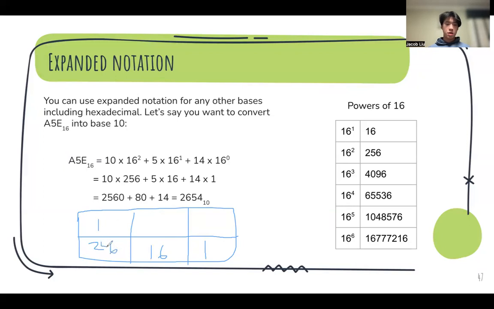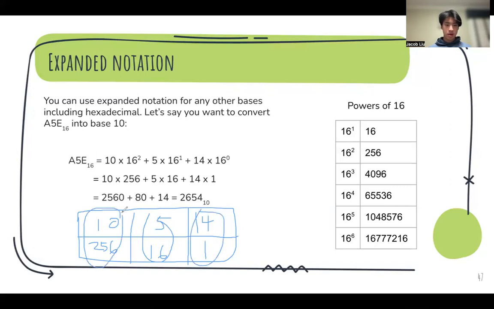And then in the top, you just put the digits. So A is 10. 5 is 5. E is... B is 11. C is 12. D is 13. E is 14. Then you can see you multiply 10 and 256. Then multiply 5 and 16. And multiply 14 and 1.